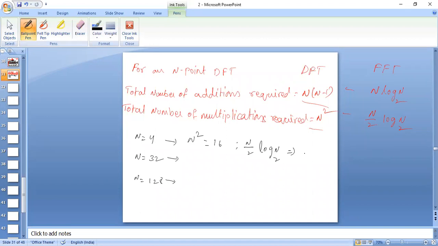So N by 2 means 4 by 2, log 4 is equal to 2 square to the base 2, that is equal to 2 into 2, that is equal to 4.